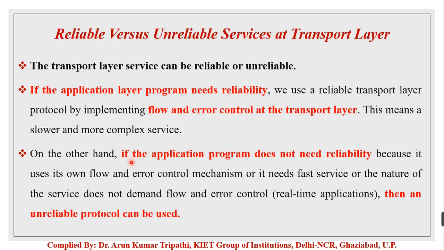On the other hand, if the application program does not need reliability because it uses its own flow or error control mechanism, or needs fast services, or the nature of the services does not demand flow or error control, such as in real-time applications, then the unreliable protocol can be used. So this was all about the basics of the transport layer.